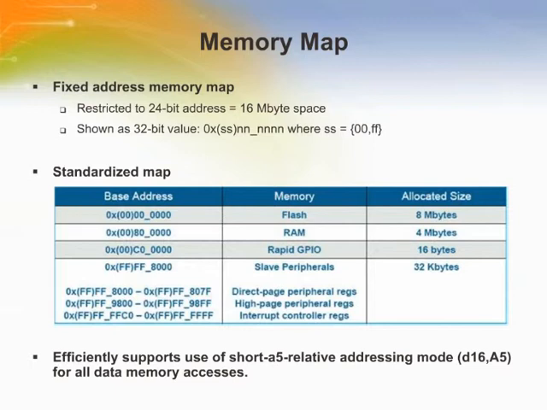The system address map is partitioned into 4 regions: Flash, based at 0, RAM, based at hex 800000, the Rapid General Purpose I/O module, based at hex C00000, and a 32 kilobyte region for all of the slave peripherals.